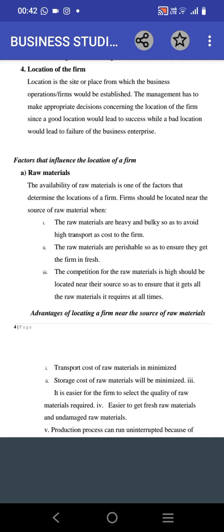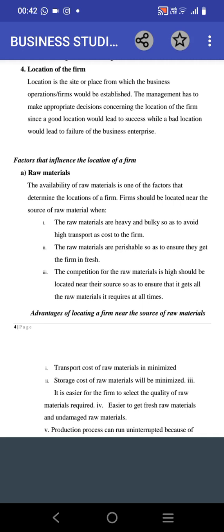If the transportation cost is high, the price of the product will have to be high. If the price of the product is high, the market will not be buying these goods, because we talked, the higher the price, the lower the demand.